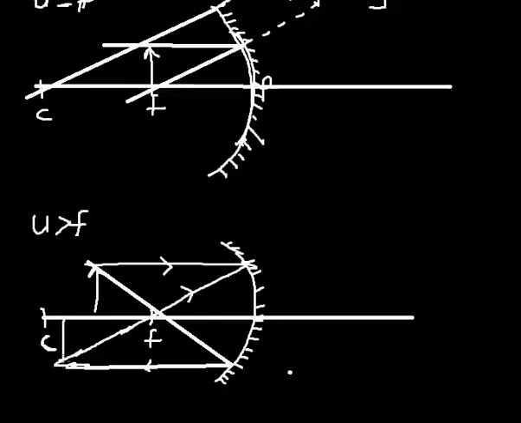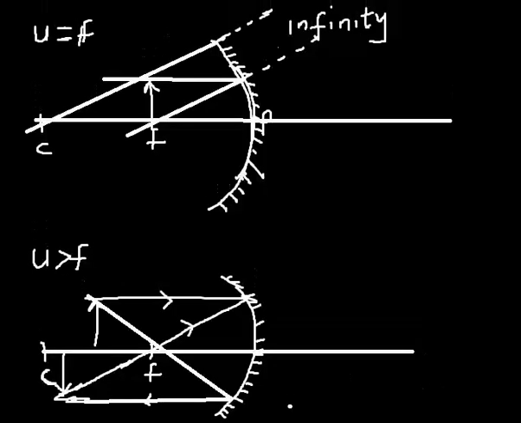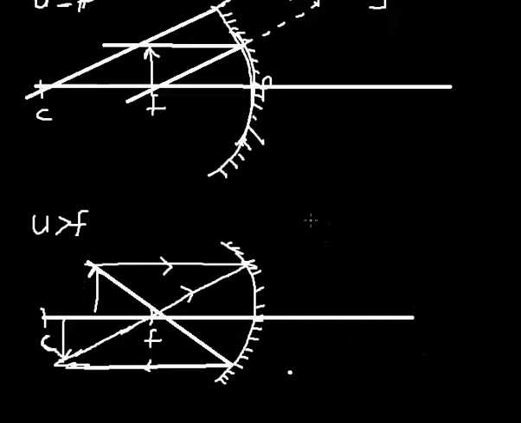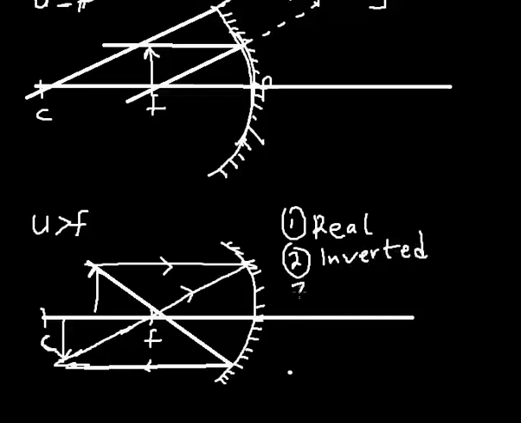in front of the mirror. That means it's real. The image is real, and as every real image, as you can see there, it is inverted. The image is real and it's also inverted.